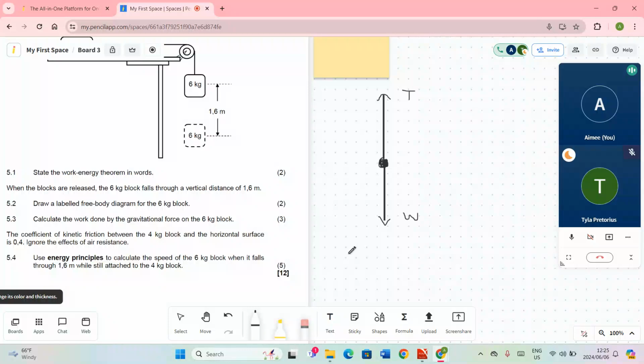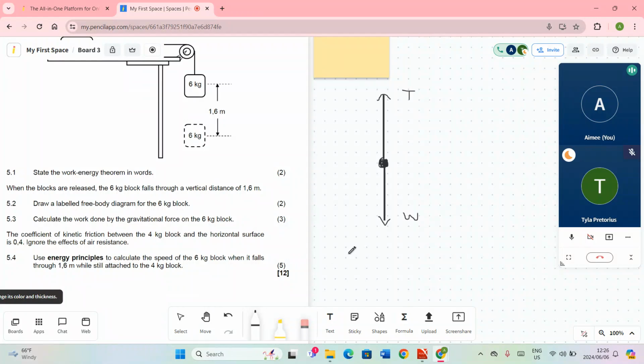Wherever your formula sheet is, whether you're an IEB or a CAPS student, you need to tear that formula sheet off and have it sitting next to you all the time. It's much easier for your brain to see what's happening and which formulas you should be using if you, number one, make little summaries of all of the variables that you've been given, and number two, have the formulas sitting next to you.